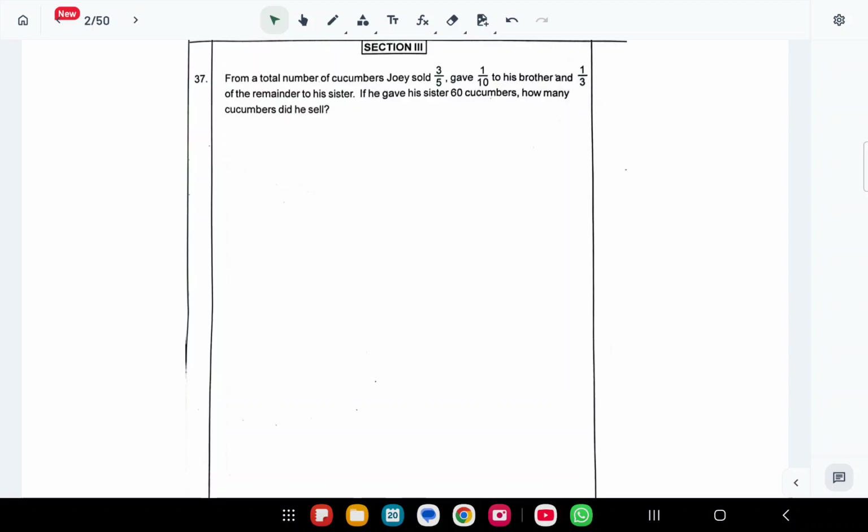Good. So, based on the information we have here, we need to solve for some unknowns before we can find out how many cucumbers he sold.